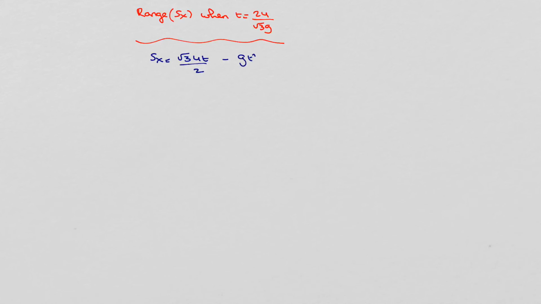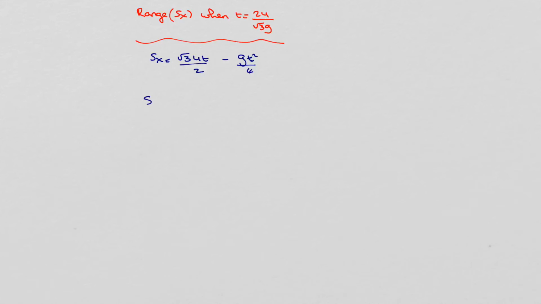So we're now going to use this time of flight to work out the range. So our range S of x is when t is equal to 2u over root 3g. And all I need to do then is sub in for S of x. So S of x was root 3u t over 2 minus g t squared over 4.